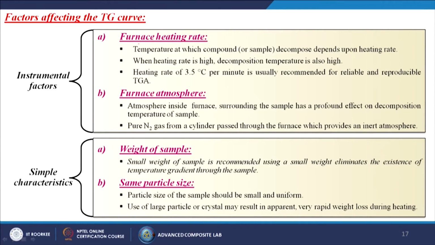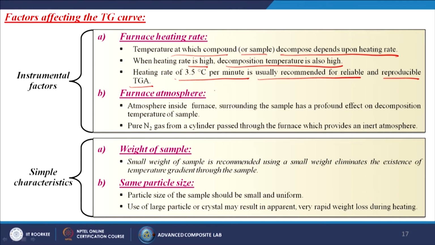Furnace heating rate: the temperature at which the sample decomposes depends upon the heating rate. When the heating rate is high, the decomposition temperature is also high. A heating rate of generally 3 to 3.5 degrees centigrade per minute is usually recommended for reliable and reproducible TGA.